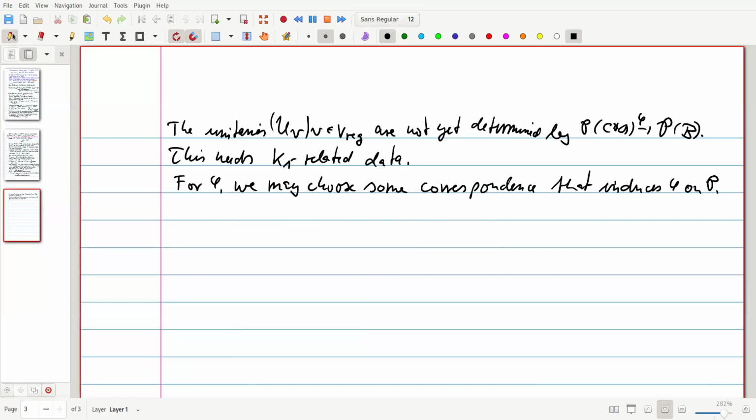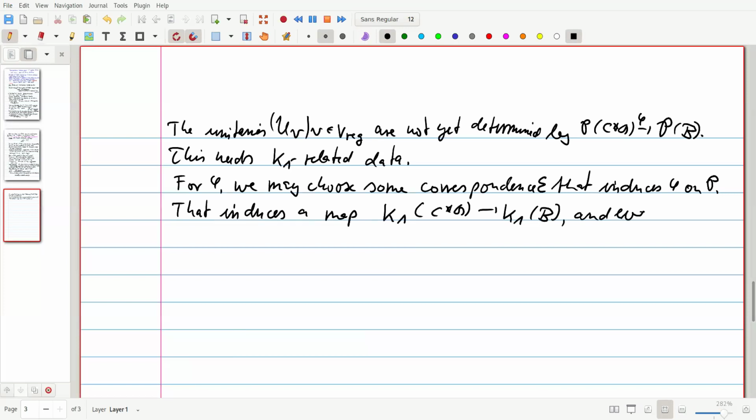So I can choose a correspondence, maybe call it E, that induces a map from K1 of C star of G into K1 of B, like any correspondence does.